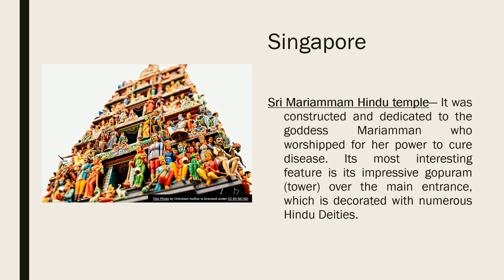The Mariamman Hindu Temple was constructed and dedicated to the goddess Mariamman, who is worshipped for her power to cure disease. Its most interesting feature is its impressive gopura, or tower, over the main entrance, which is decorated with numerous Hindu deities.